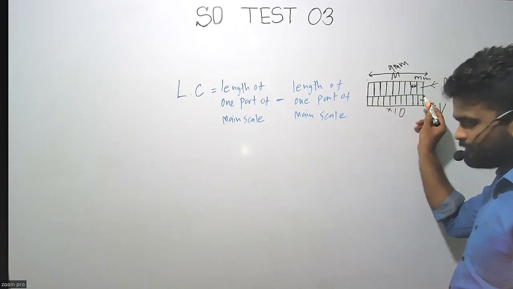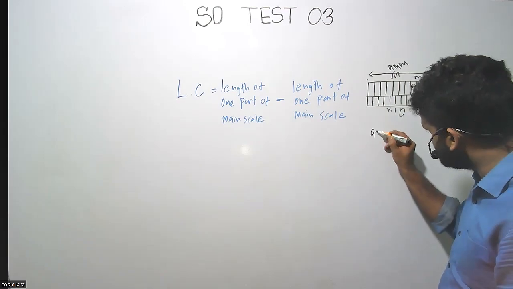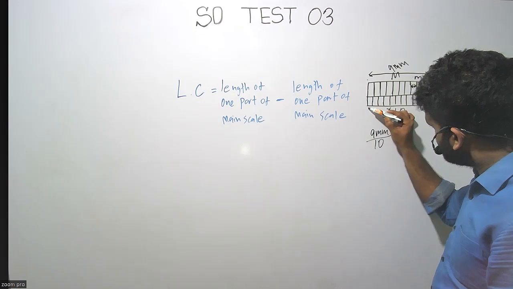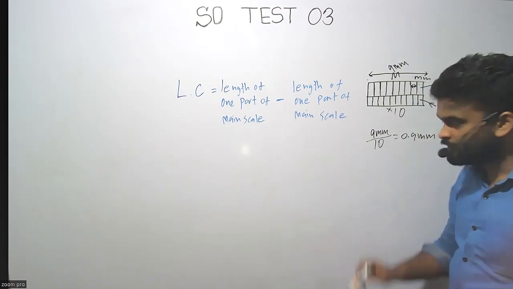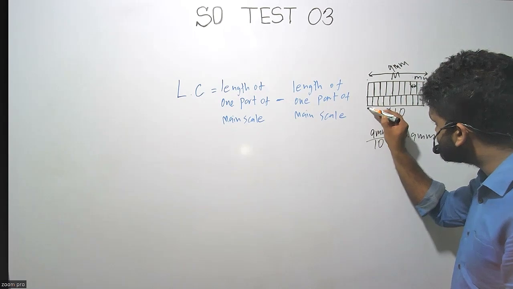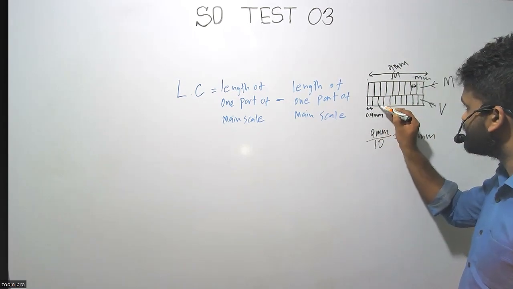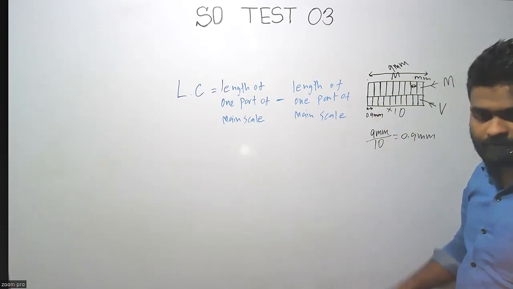Total length is 9 millimeters divided into 10 parts. What is that? 0.9 millimeters. So the length of one part here is 0.9 millimeters. Every part has the same length, so one part is 0.9 millimeter.